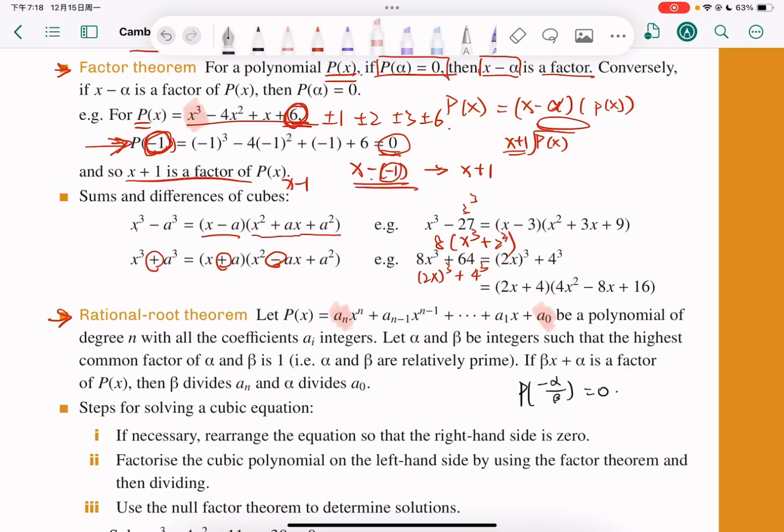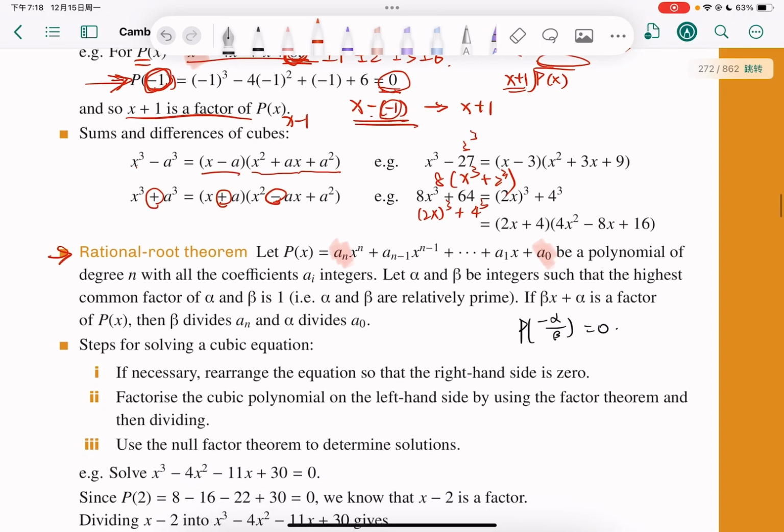This is a more complicated polynomial with degree of n and coefficients a_i, integers. Let alpha and beta be integers such that the highest common factor of alpha and beta is 1. So alpha and beta do not have a higher common factor than 1.